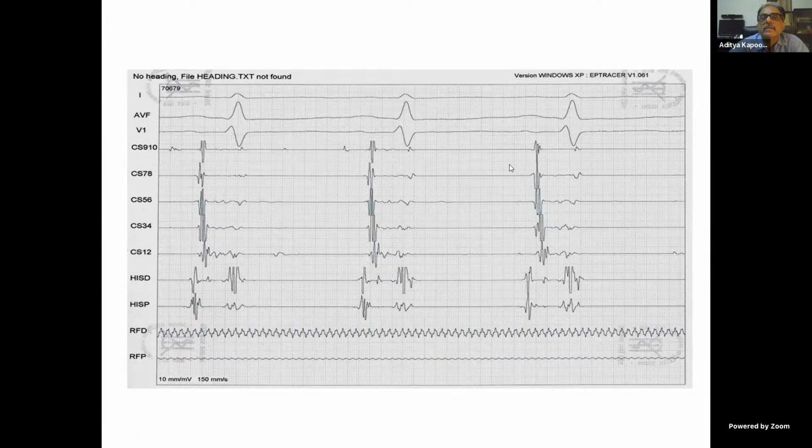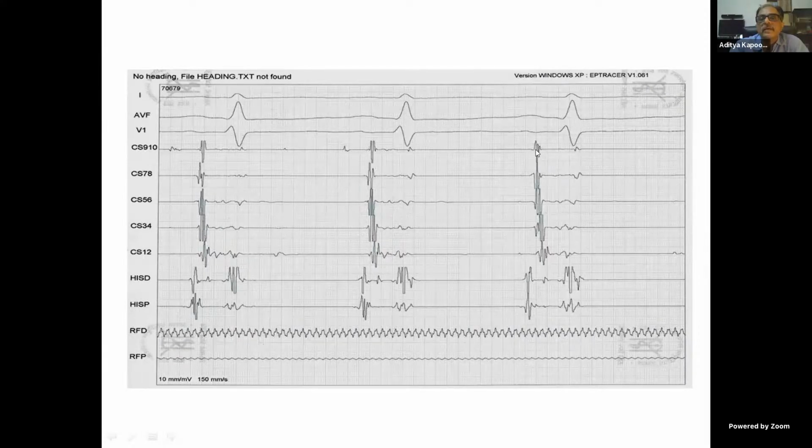But supposing I reverse it, by the activation of the atrial signals in the CS, can you tell me which is proximal and which is distal? If the CS is activated proximal to distal in sinus rhythm, so which A will be here? So CS 7-8 is where the earliest activity we can see, sir, here.